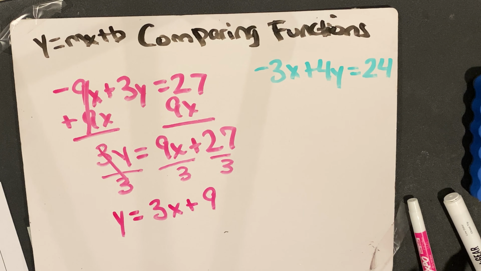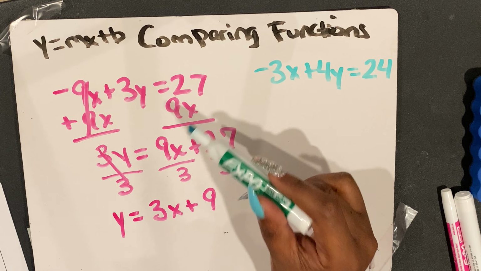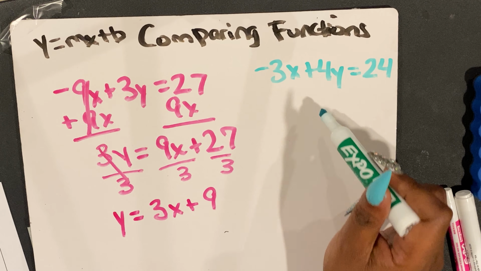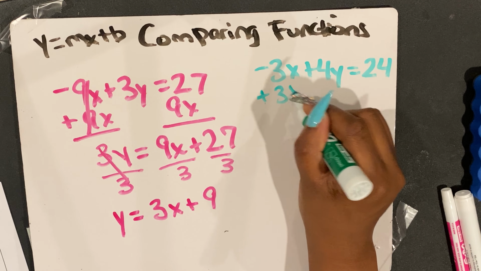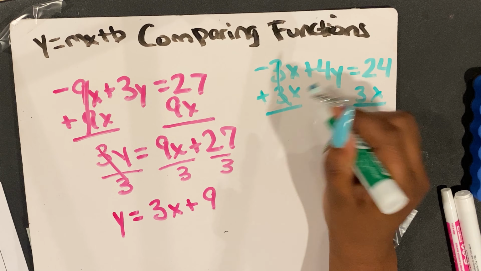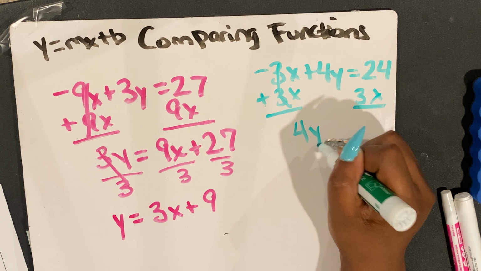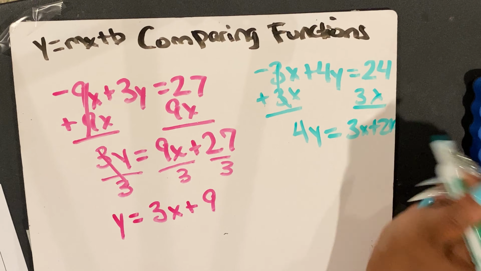Let's look at the second one. I need to do the exact same thing. So everything I did over here, all of the steps I did here, I need to do over here. So I'm going to get 3x on the same side as my constant so that I can isolate my coefficient and my variable together. We're going to run out of space.